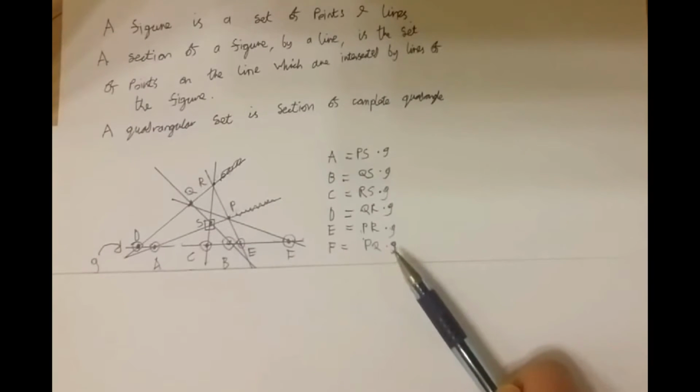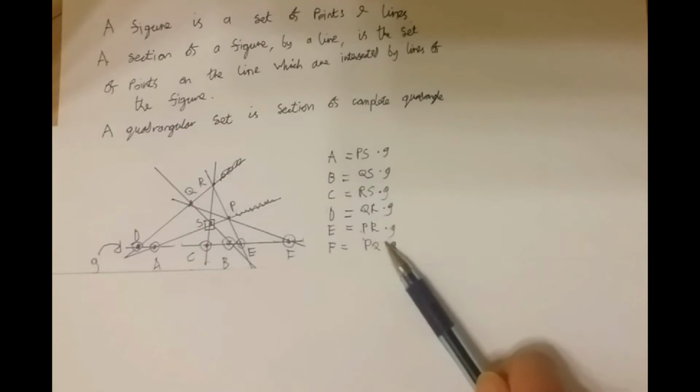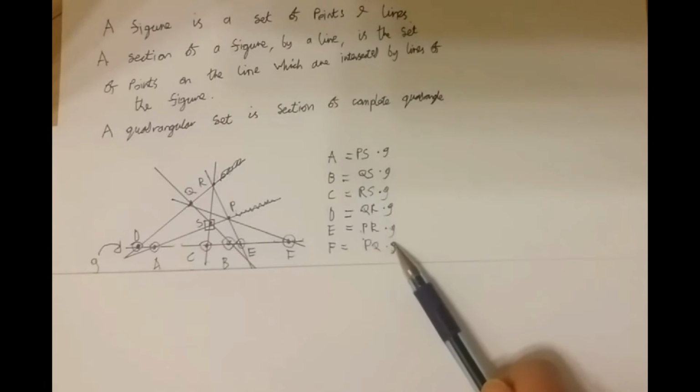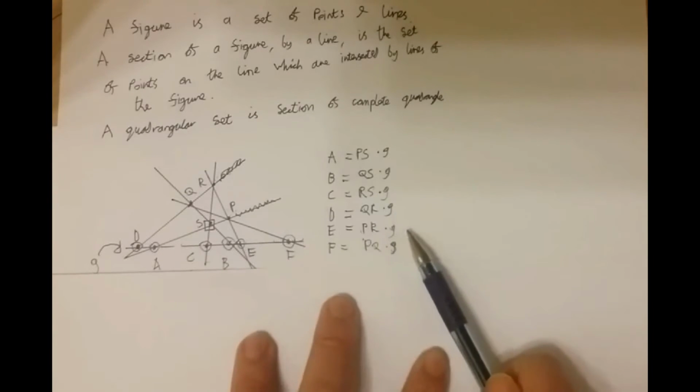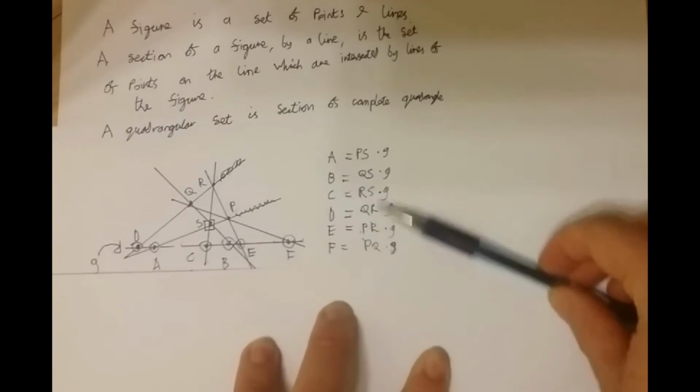Okay, so I meant to put dot G here, just to recall, for example, PQ is the line that passes through points P and Q, and dot G means that we're talking about this line intersecting with this line. It's the common point of these 2 lines. So this is just a notational convention.